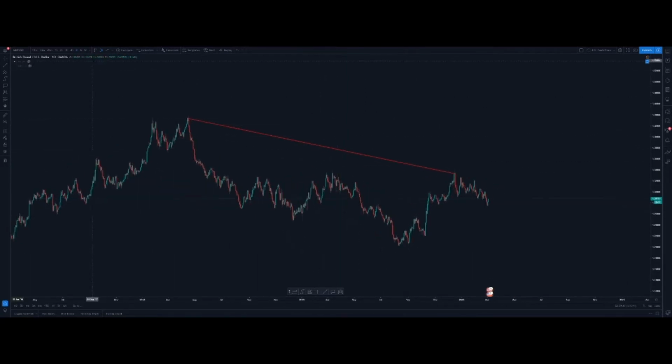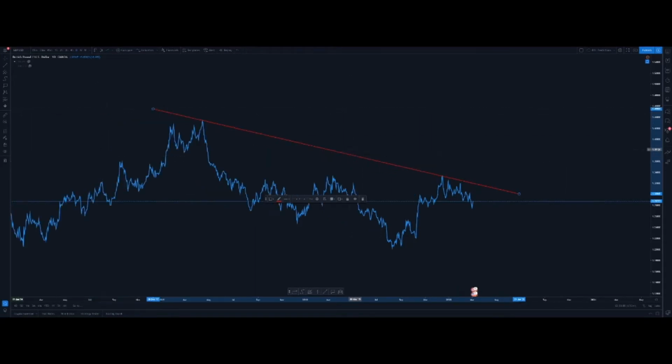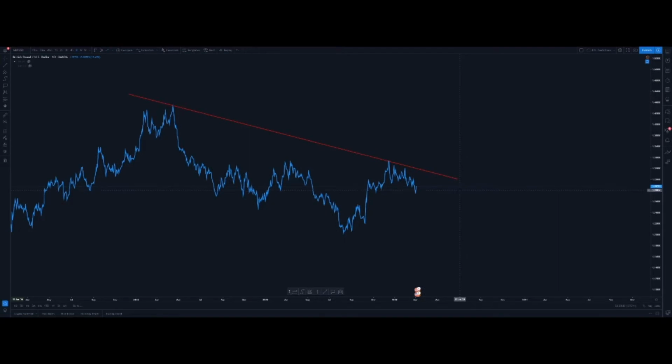The reason for this is because I like to switch between lines and regular candles. I find the lines a far more accurate way to connect the resistance points. By doing this, we're getting an obvious resistance with that.